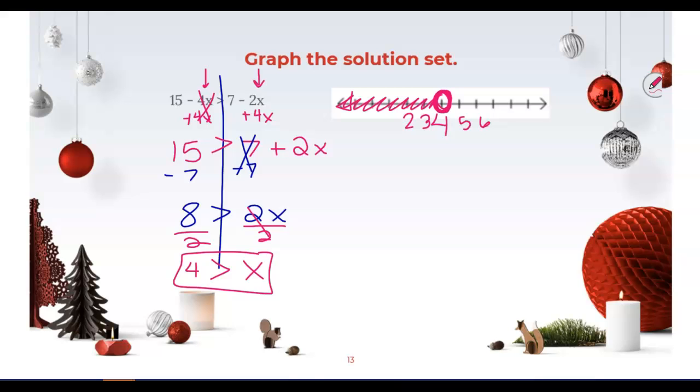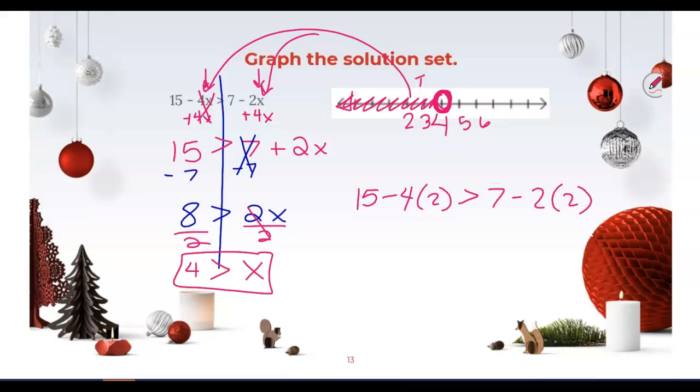All right, let's pick a different number. Let's pick 2. If I plug in 2 for x here and here, let's just make sure we shaded correctly. 15 minus 4 times a random solution in the true area that I'm checking. Is that greater than 7 minus 2 times that same value in that shaded area?